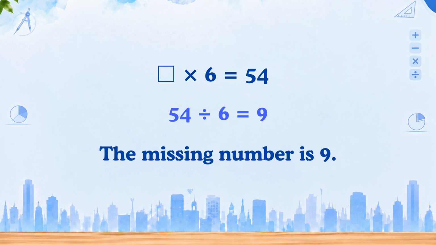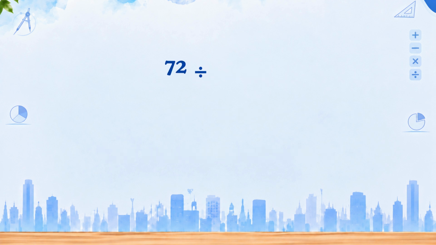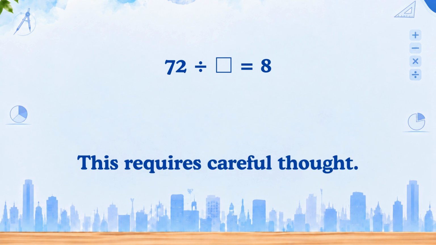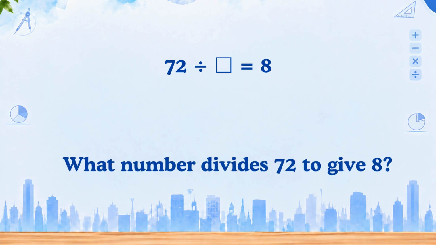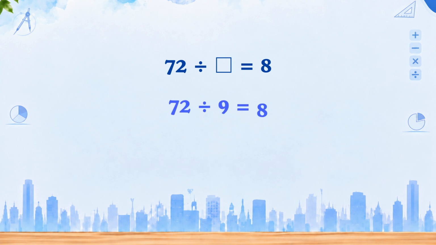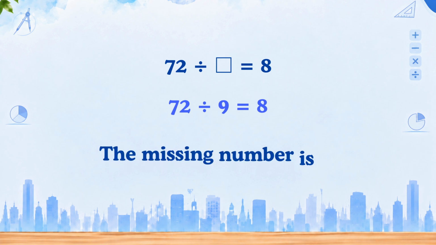The missing number is 9. For another example, 72 divided by blank equals 8. This requires careful thought. What number divides 72 to give 8? 72 divided by 9 is 8. The number is 9.